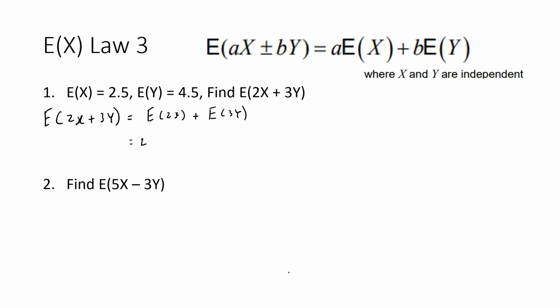So 2 times E of X plus 3 times E of Y. That gives us 2 times 2.5 plus 3 times 4.5, which should give us 18.5.